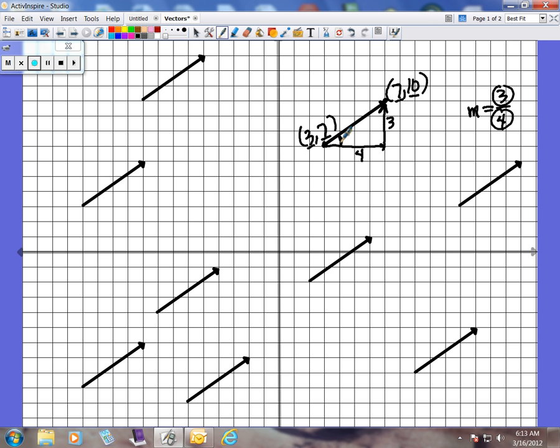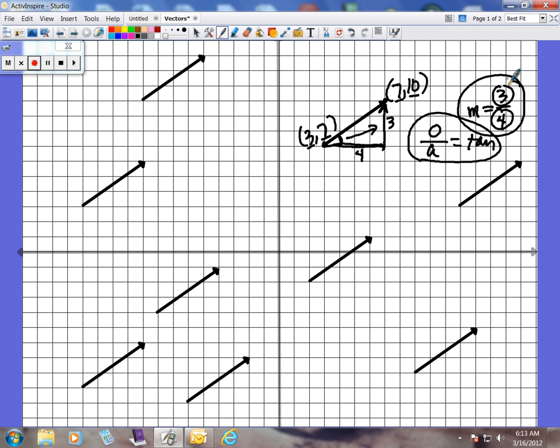Well, this is my reference angle where I drew the arc. Rise over run is the same as opposite over adjacent. And we all know what that is from SOHCAHTOA. So this equals tangent.